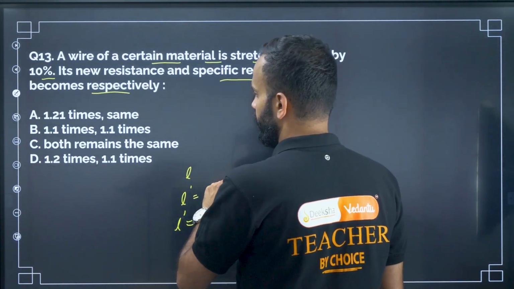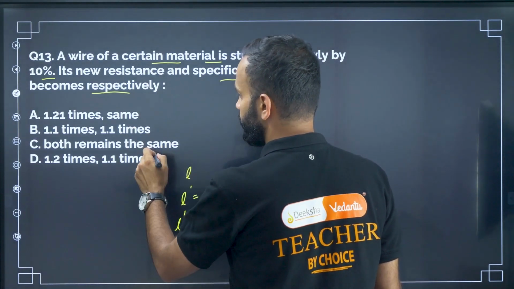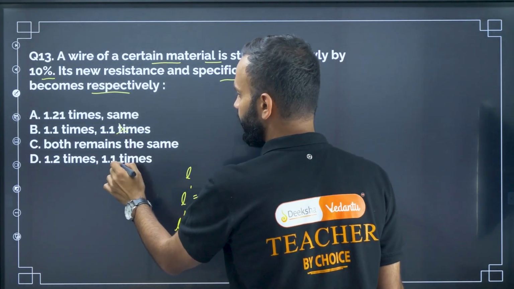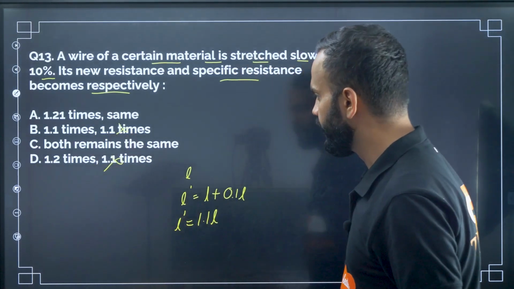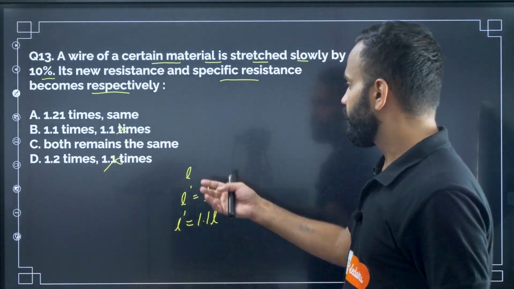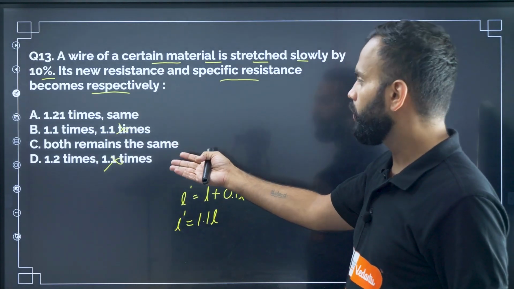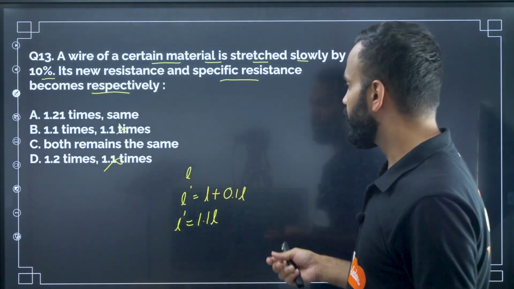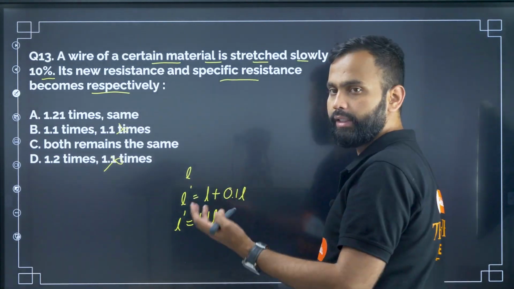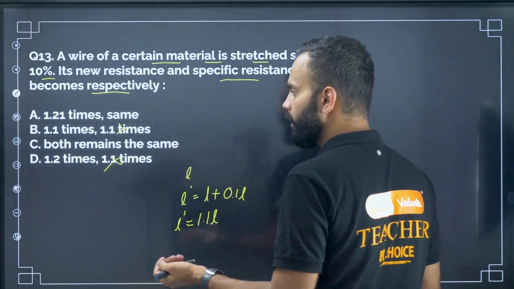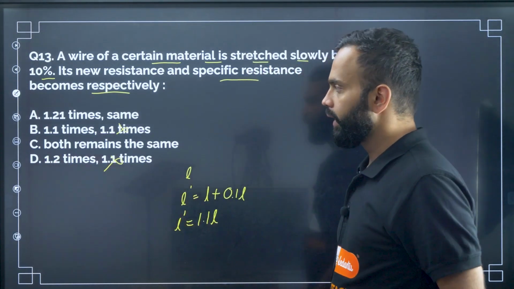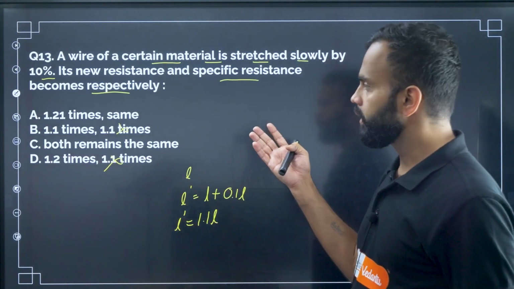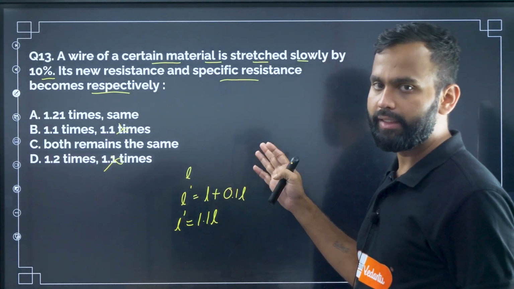So anyway, options B and D are eliminated. By looking at the options only, you can say if you increase the length, definitely the resistance will change, right? Resistance depends on the length of the conductor. So option C is wrong. Option A is the correct answer.